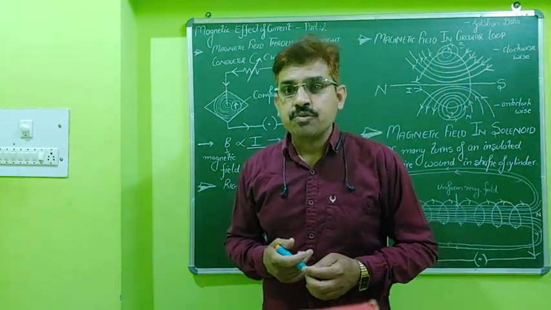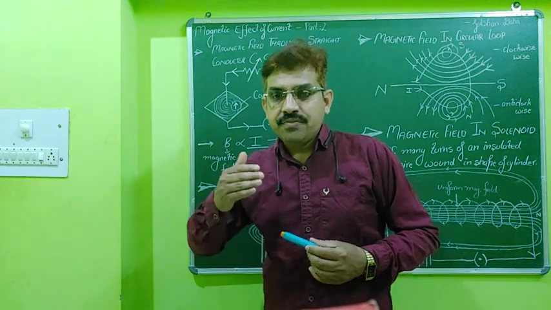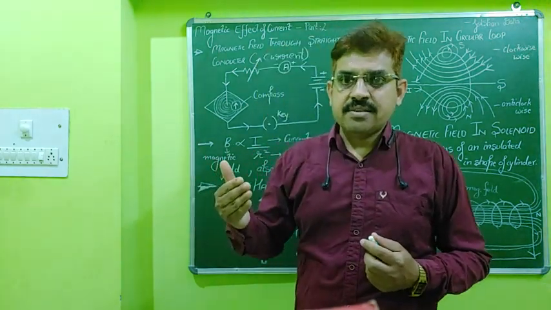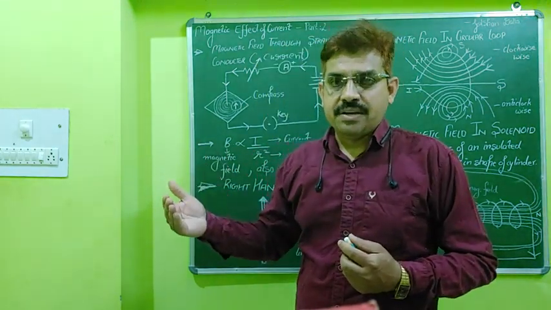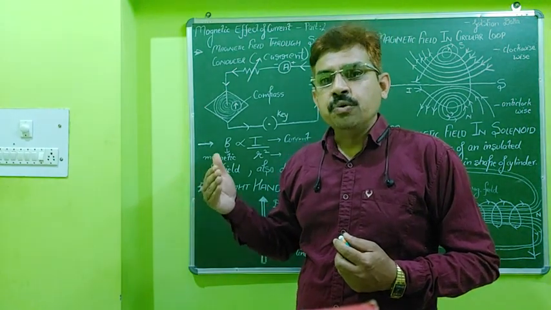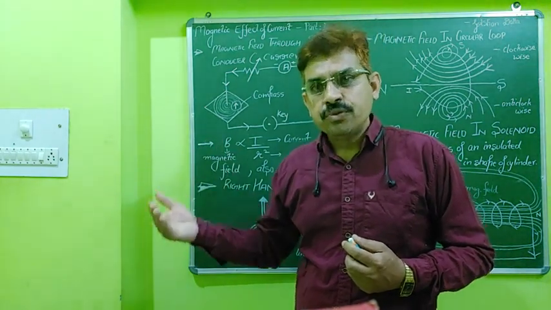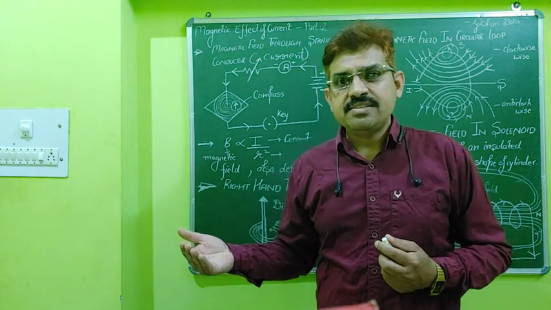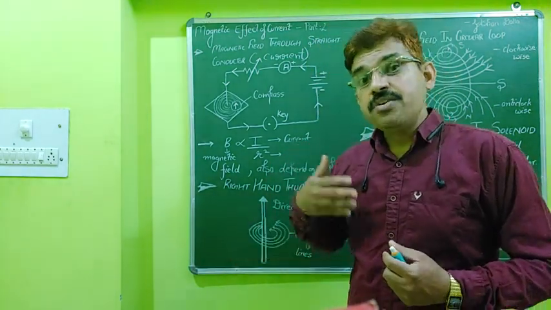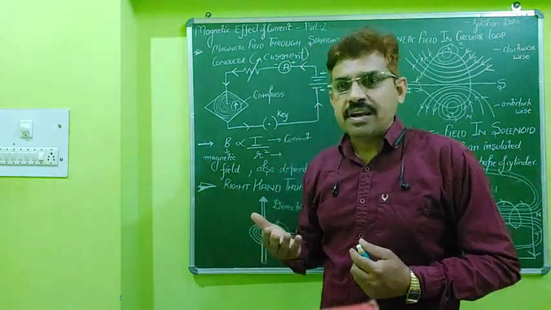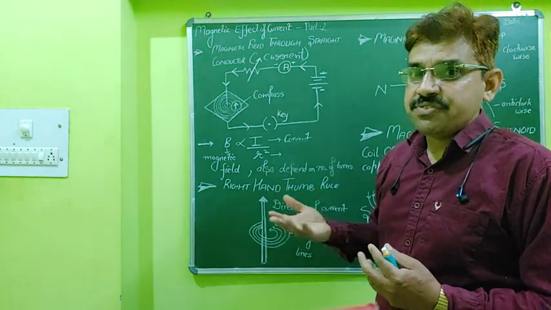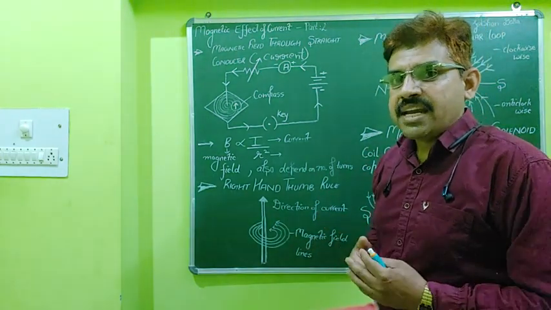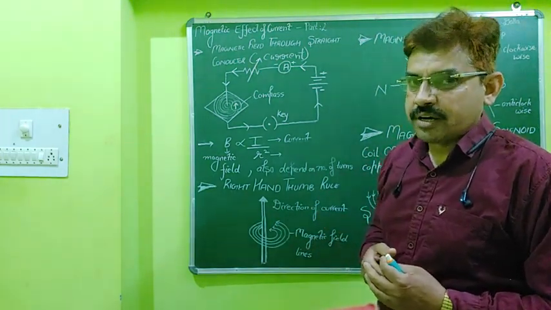Magnetic strength will also go on increasing. If we pass 1 ampere current through the conductor, magnetic field will be produced accordingly. If we increase the strength of the current up to 5 ampere, the magnetic field will also increase. So that is why we can say that the magnetic field is directly proportional to the current.